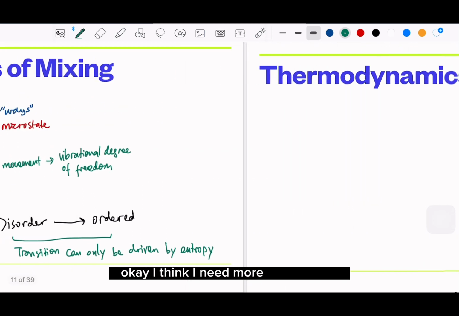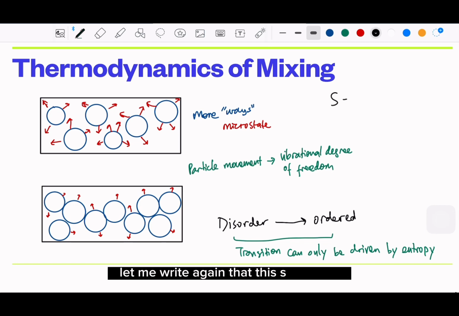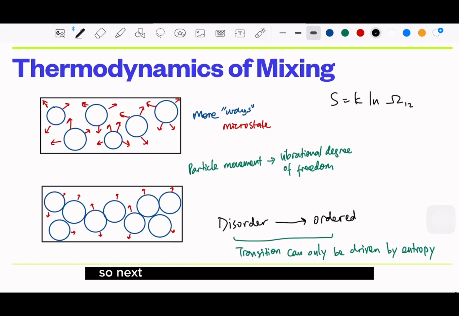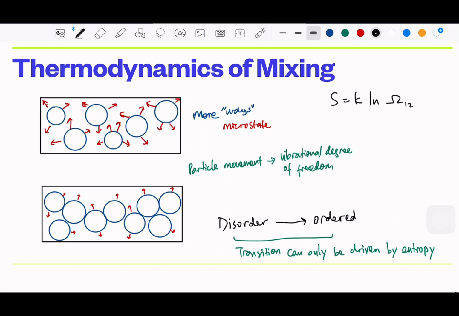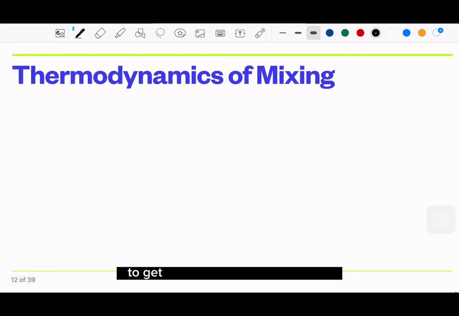I think I need more space again, but I'll start from here. Let me write again that S is K ln omega. Let me remind you again, next week we will have a final exam. Okay, now let me have one more space here to give you another explanation.